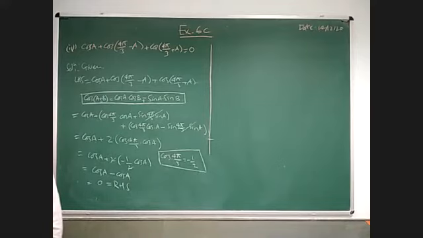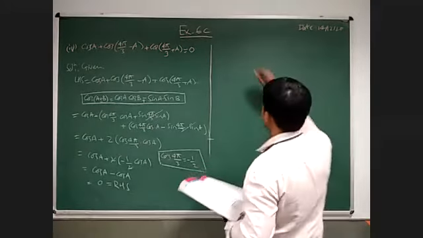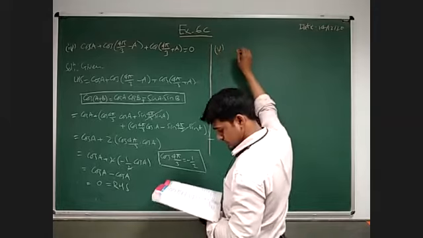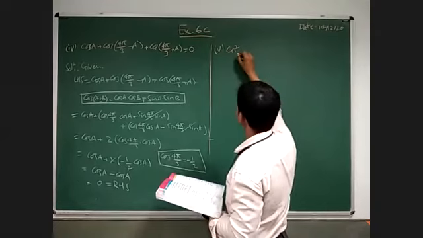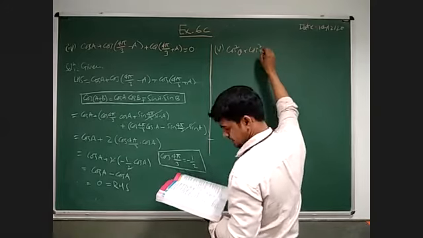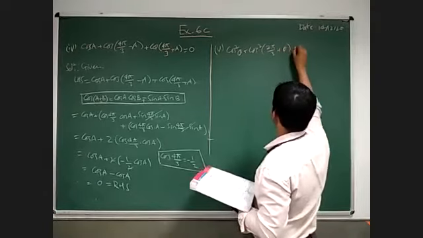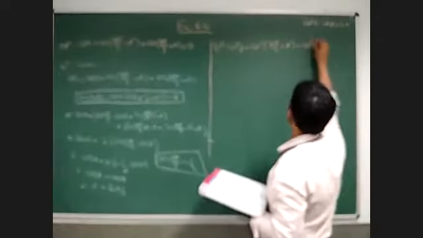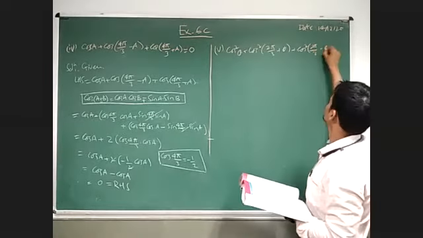The fifth question is quite similar to the previous one, so that question will be homework. Fifth question, just do it yourself: cos square theta, cos square 2 pi by 3 plus theta plus cos square 2 pi by 3 minus theta.